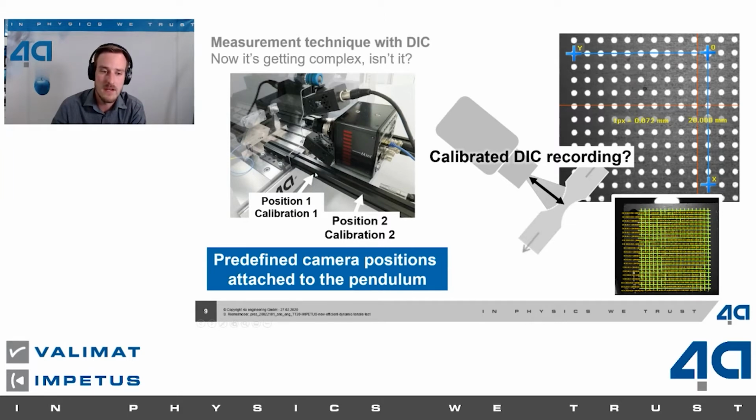So we have defined a position 1 and a position 2, where we can easily switch the camera from one to the other position and always get a correctly calibrated camera image for our tensile test. That means we have provided a template where we have stored the calibration 1 and calibration 2, so we can easily and quickly go to test.